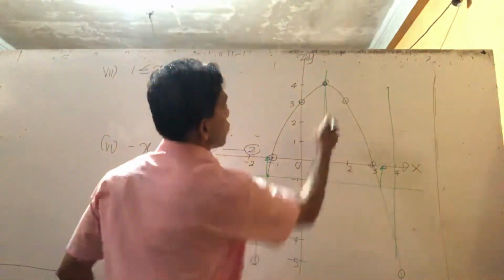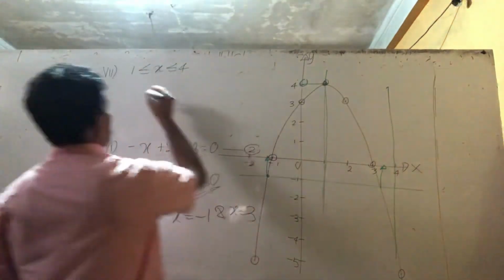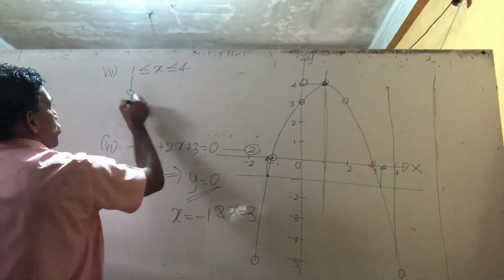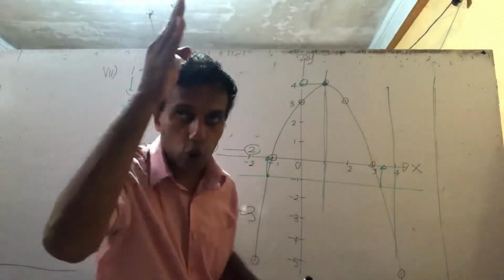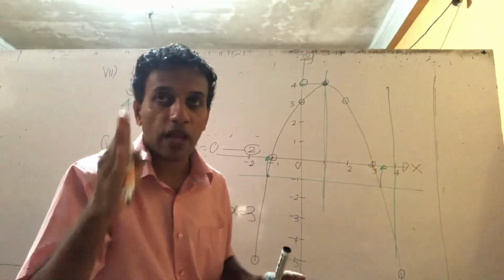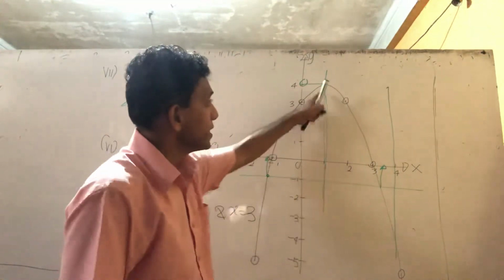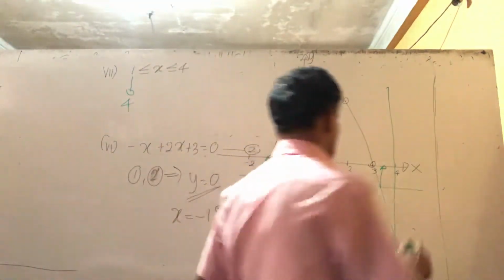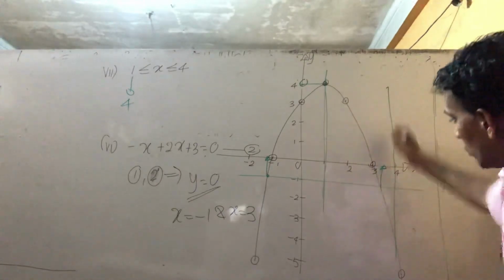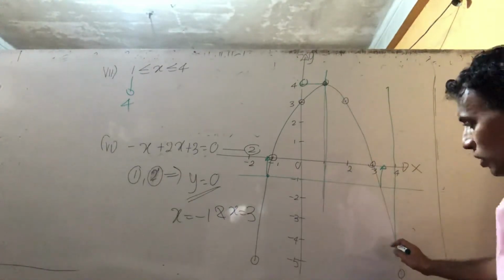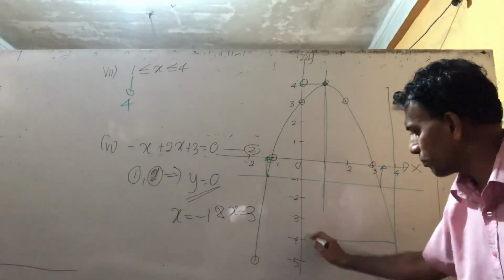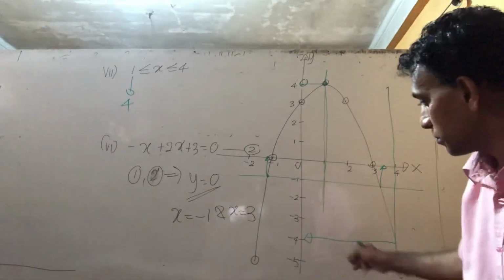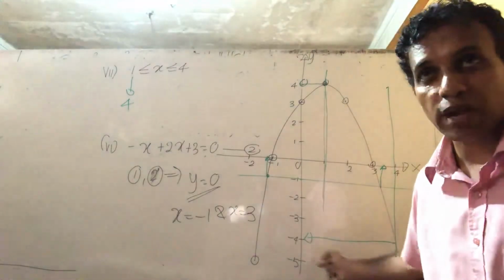See, when x is 1, y is 4. Draw a line and see where the line cuts the graph and see its y coordinate. When y equals 4, and I think that's minus 4, take it properly. I assume that it is minus 4.